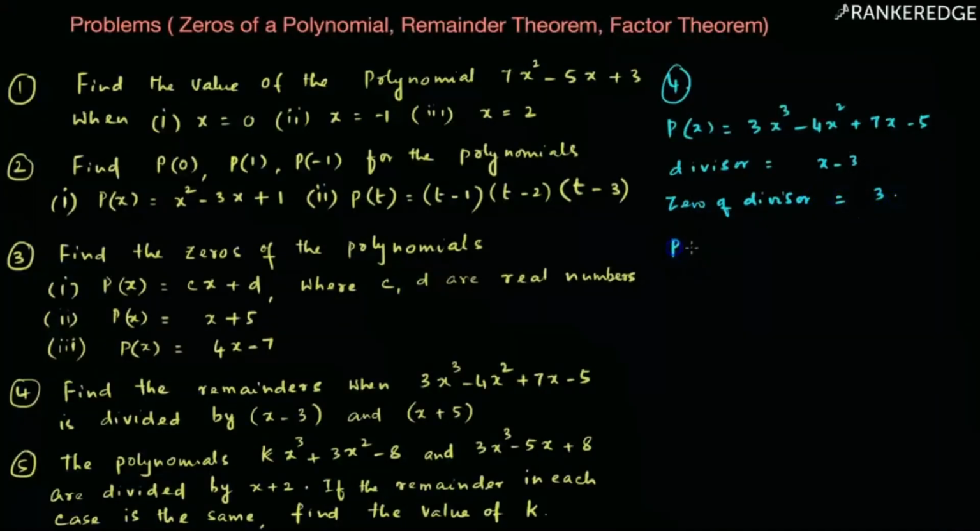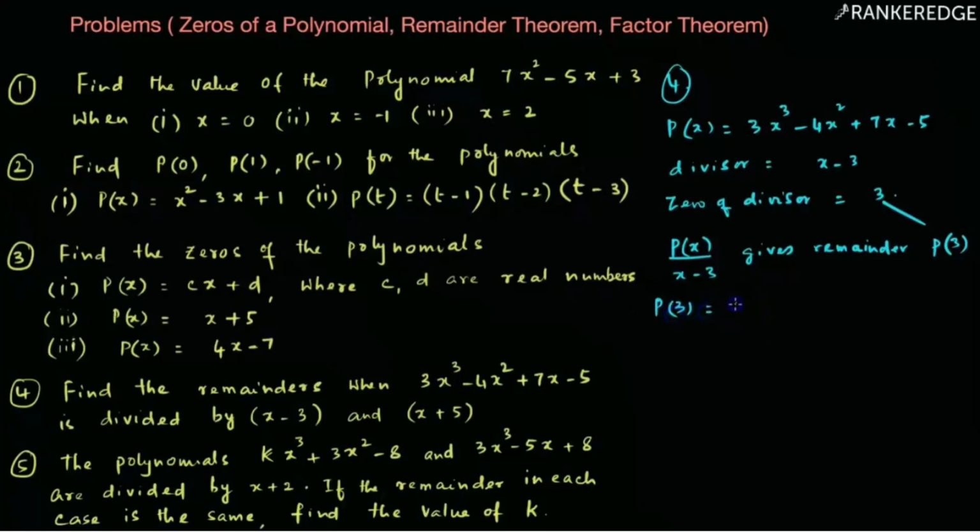Therefore, the remainder when p of x is divided by x minus 3 is what? It gives a remainder of p of 3. So I have to find p of 3 for this polynomial, and that will be the remainder when I divide that polynomial by x minus 3. So p of 3 will be what?